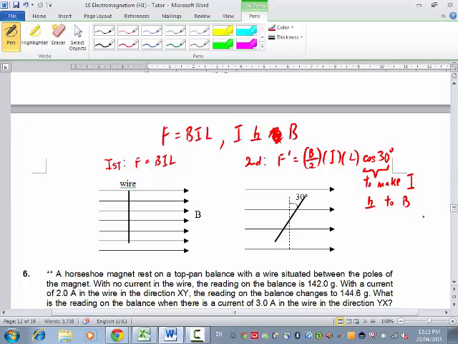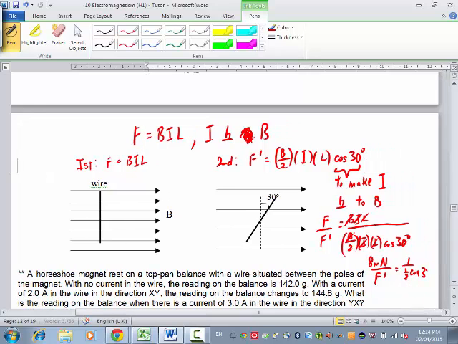So we will take the old force over the new force equals to BIL over B over 2 I L cos 30. So actually your B, I, L all cancel. So it's 8 millinewton over the new force equals to 1 over cos 30 over 2. So your new force I think is 3 point something if I'm not wrong.